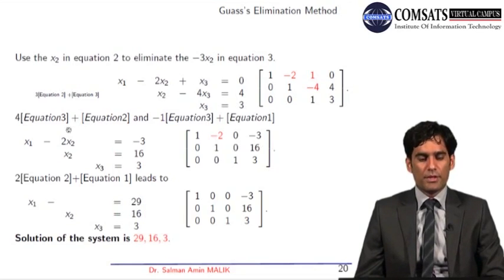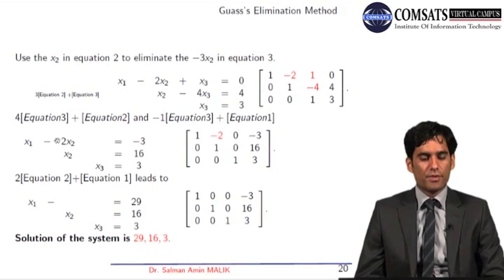So we will do two operations: multiply equation 3 by 4 and add to equation 2, and multiply equation 3 by minus 1 and add to equation 1. That will make the coefficients 0, as we have ultimately here. The coefficients of x3 in equation 2 and equation 1 disappear. So we do the same with the augmented matrix.